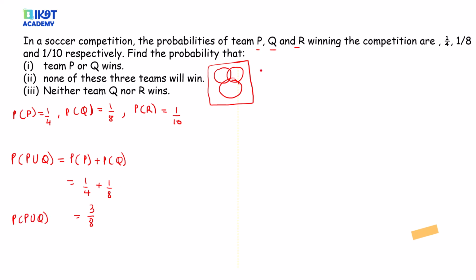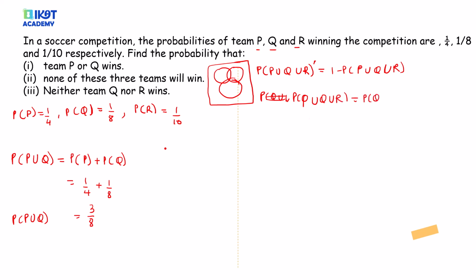Then the probability that none of these teams win, so that's the complement of P union Q union R. This is 1 minus the probability of P union Q union R. The only way you would have figured this out is by thinking through these events and realizing that these are mutually exclusive events and they can't occur together.